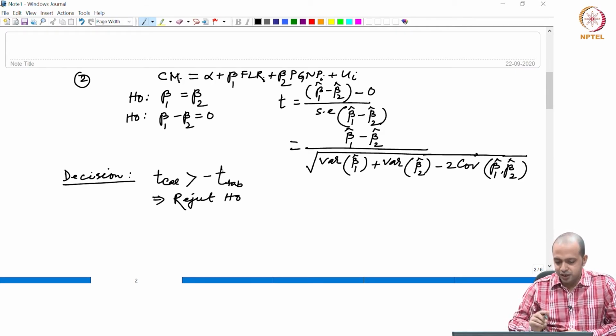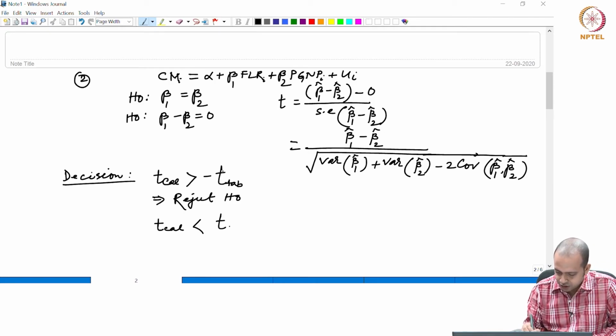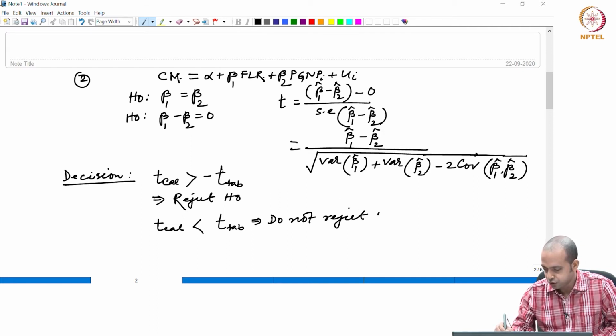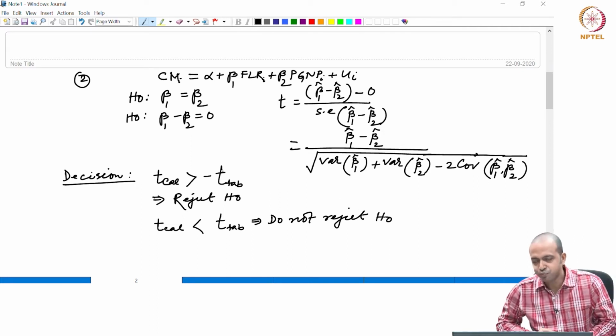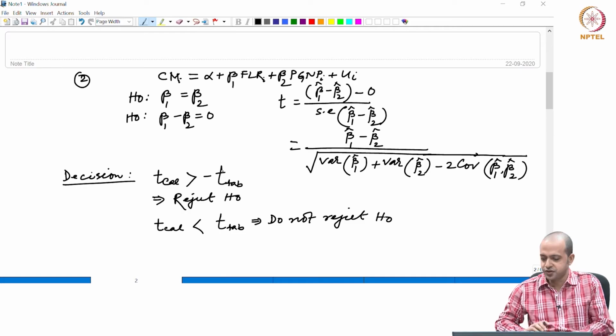And if T calculated is less than T tabulated, then what would be your decision? Do not reject your H naught. This is the simple decision rule of your hypothesis testing.